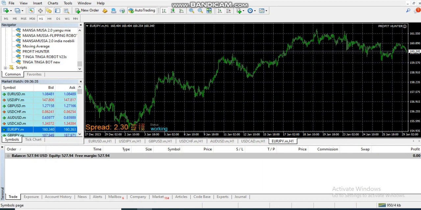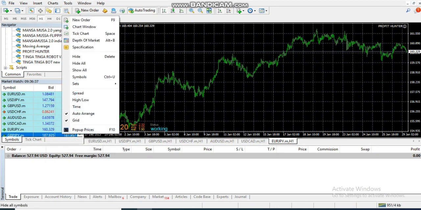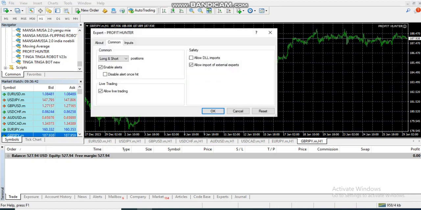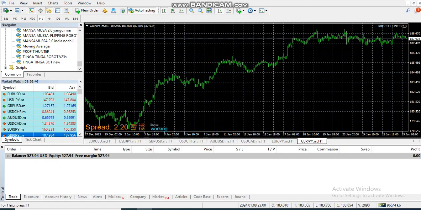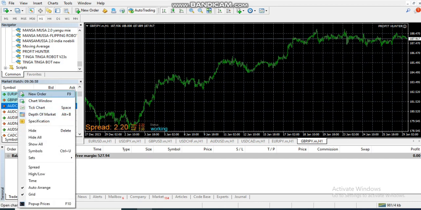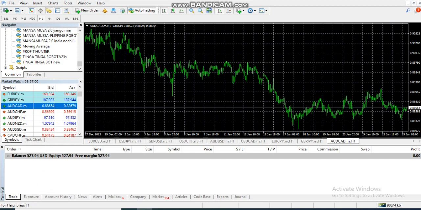So let's test some pairs so we can get a clear entry. The time frame we're using is the 1 hour time frame. We're testing some pairs so we can check which pair is going to enter the market earlier.